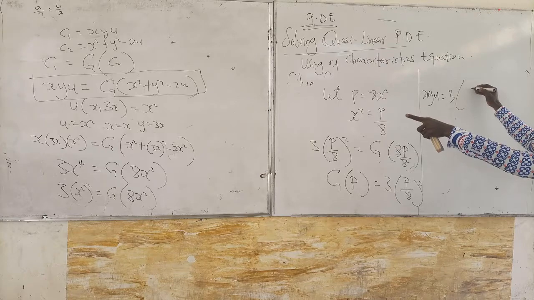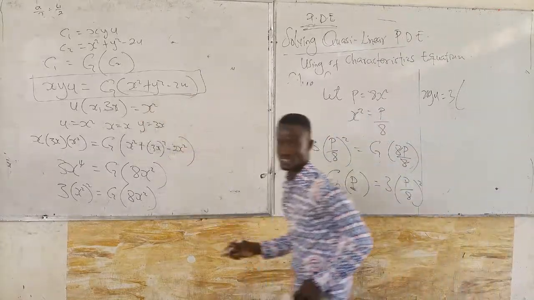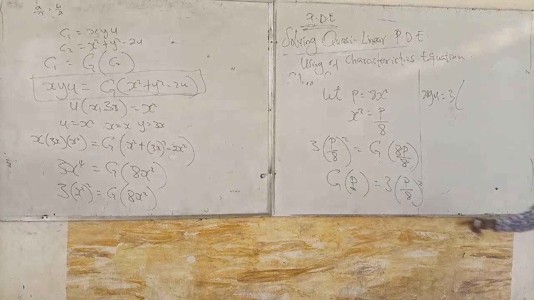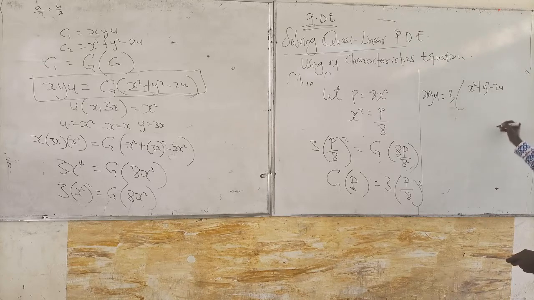Then you go back. It's this, and this is defined as this. So note this: when you see p, then you put that there. So x squared plus what? y squared minus 2u, all this over 8.